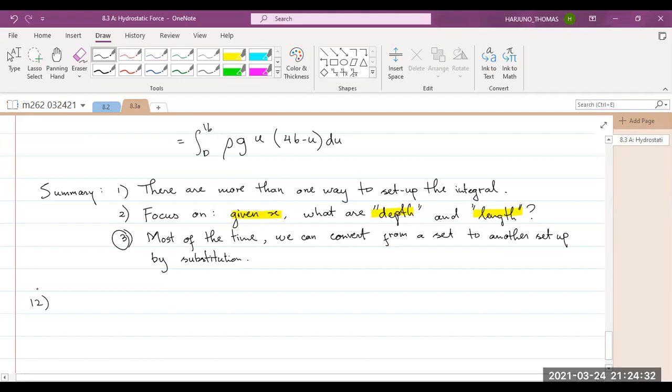Number 12. A milk truck carries milk with density rho equals 64.6 pounds per cubic foot in a horizontal cylindrical tank with diameter 6 feet. So it is a horizontal cylindrical tank.